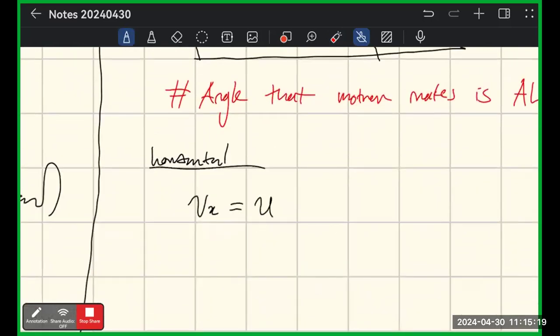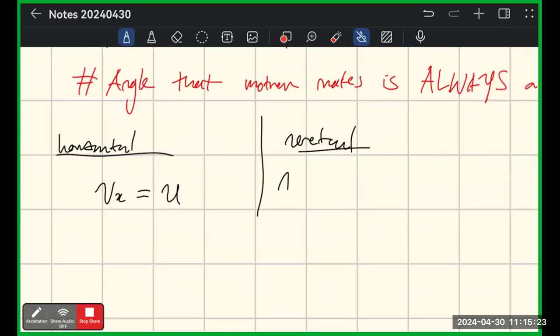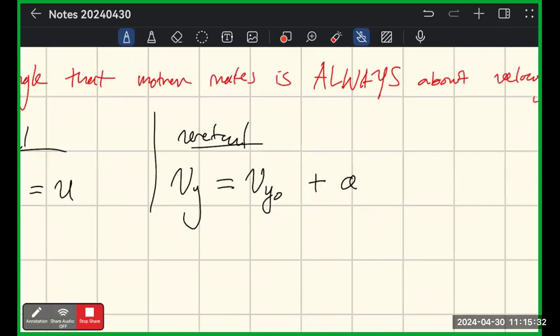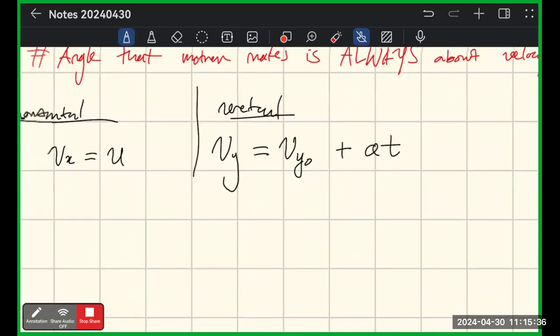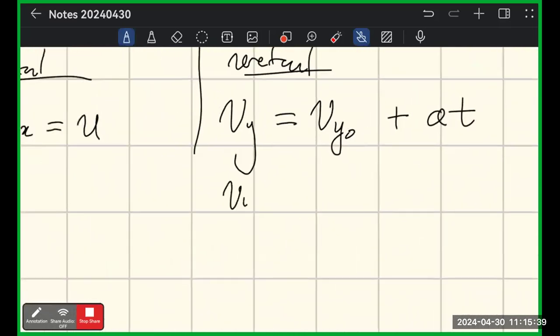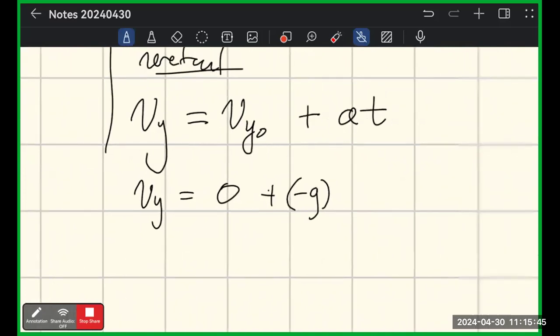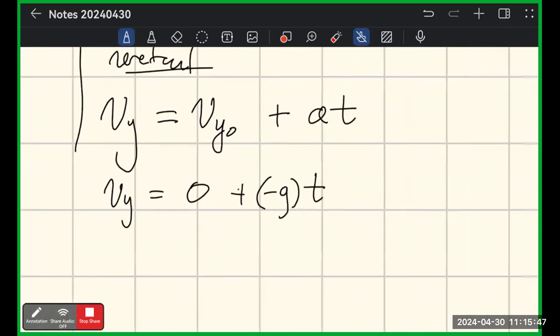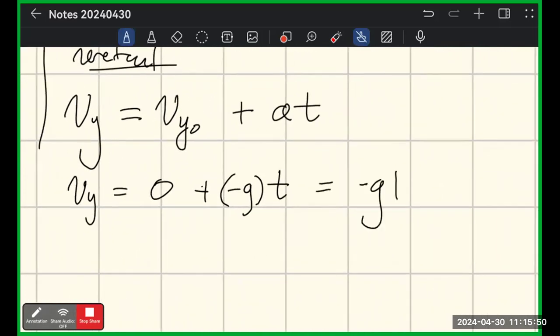The vertical one is vy equals vy naught plus acceleration times time. So the initial vertical velocity is 0, the acceleration is minus g, and the time is t. So it's minus gt.